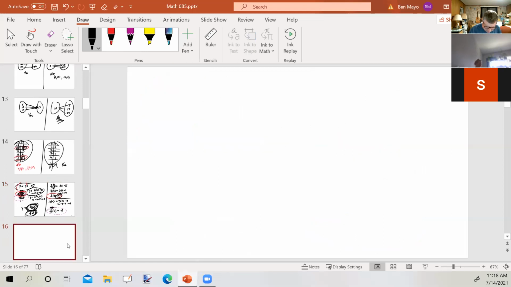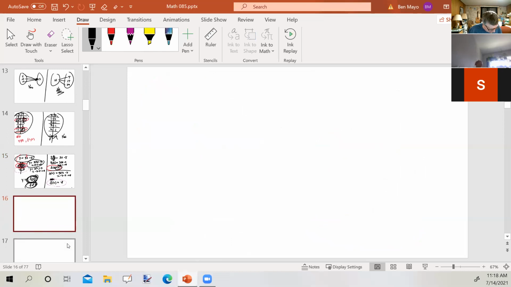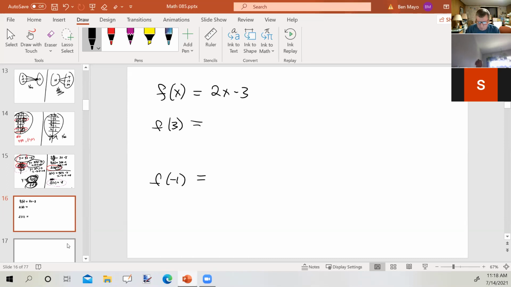All right, now, let's say I have the following function. F of x equals 2x minus 3. And I want to find f of 3, and I want to find f of -1. So in other words, when x is 3, what's y? When x is -1, what's y?